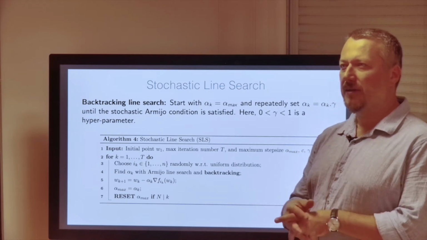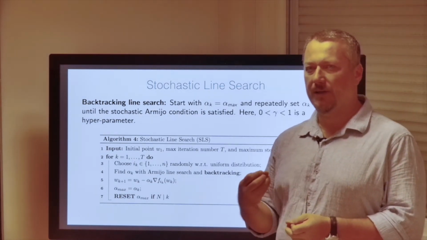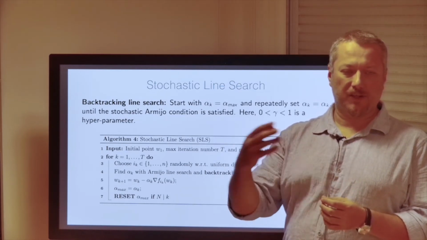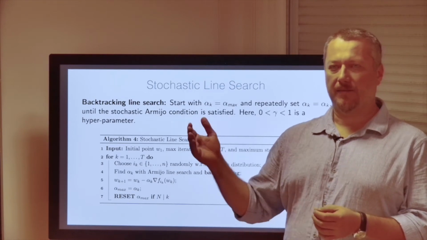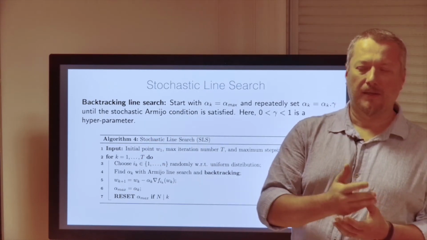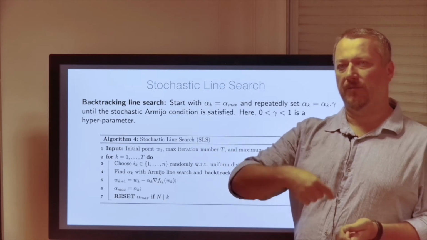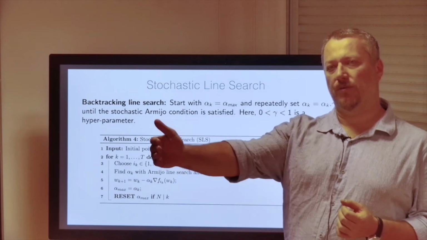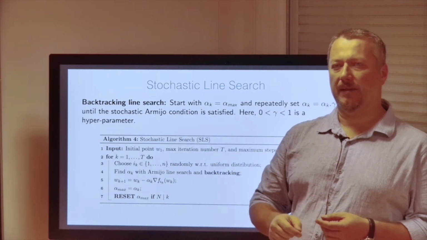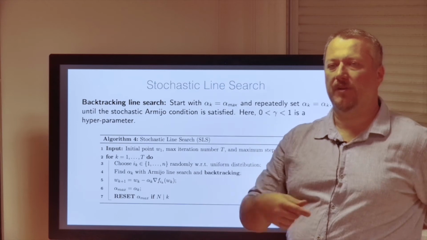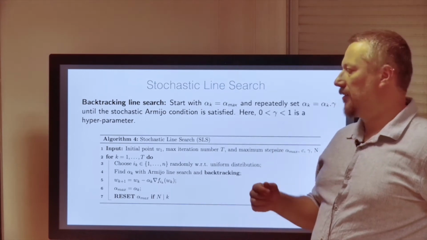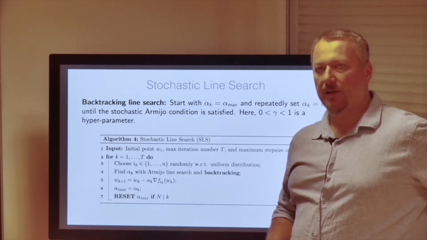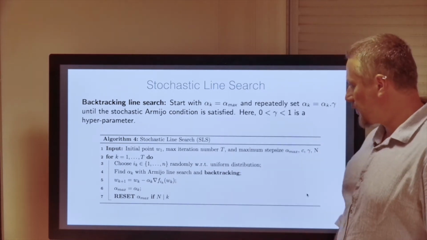In practice, instead of choosing a random point every time, what people do is shuffle the data, and they start from one point and go all the way to the end, one by one, going over these training points. Once you go over all the data, you start again from the beginning, and each time you do this, it's called an epoch. And finishing one epoch is a good time to reset your maximum step size.